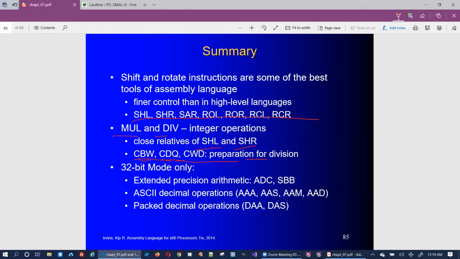And then at the end we learned how to do extended precision arithmetic using the add with carry and subtract with borrow instructions, and then how to do ASCII decimal operations and binary coded decimal operations using the ASCII adjust after addition, ASCII adjust after subtraction, multiplication, and ASCII adjust before division. And then finally, the packed decimal operations, which pack two decimal digits into 1 byte.